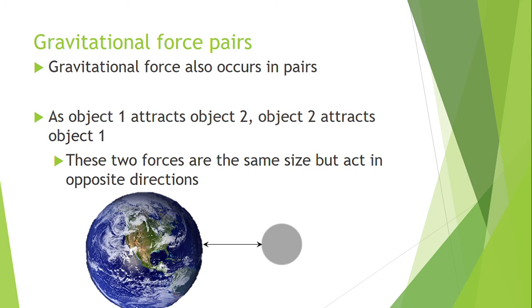But the Moon is also attracting the Earth with exactly the same size of force, but the direction will be opposite. So it's attracting it, as we are looking at it, to the right. Exactly the same size of force, but in the opposite direction.